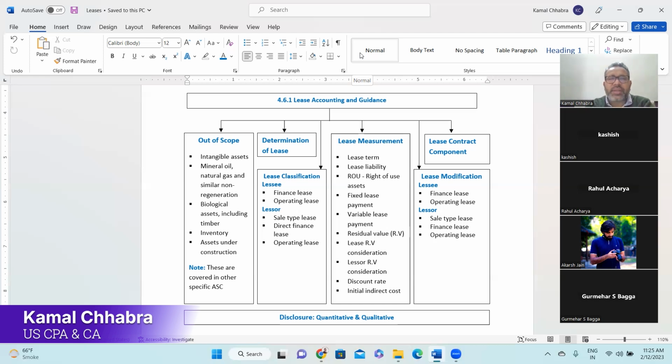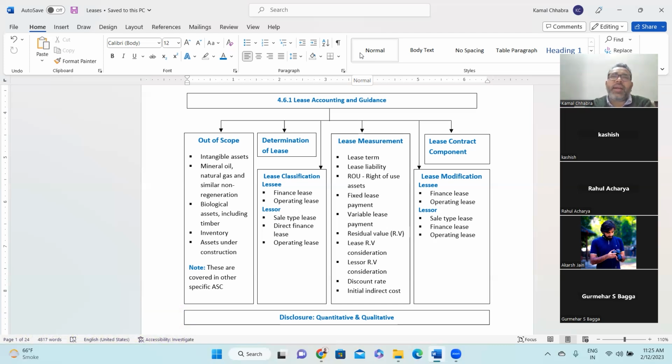How you need to capitalize is based on how much payments you have already made, how much payment you are currently making, and how much payments in future you are making, the present value of those, and any guaranteed residual value. So the present value of all those things would be calculated and summed together to consider as the value of right to use asset. That also we'll be discussing in detail, and we'll do some practical questions for that.